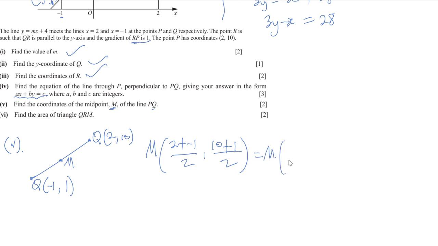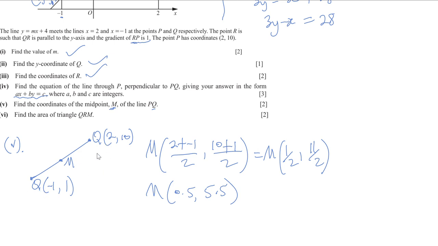And that gives the midpoint as 1 out of 2, comma 11 out of 2, which you can write as 0.5, 5.5.